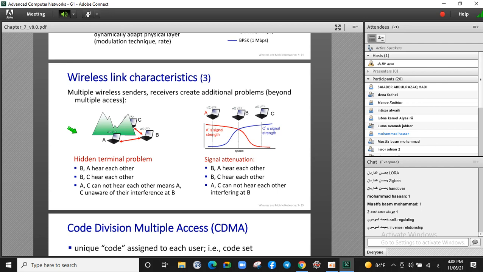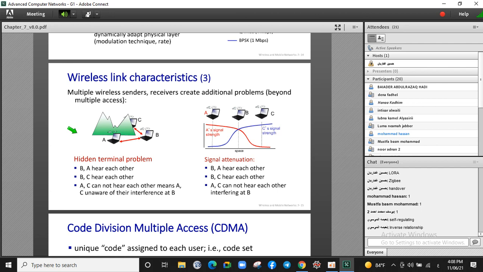One more characteristic of wireless links is that if two nodes try to send information together, they should stand within their communication ranges.